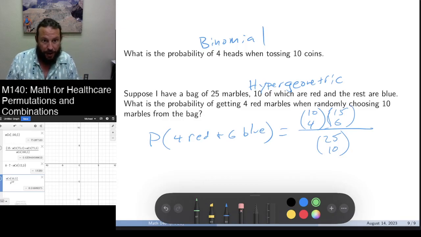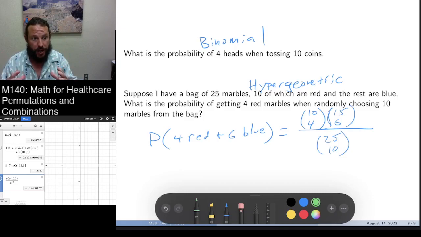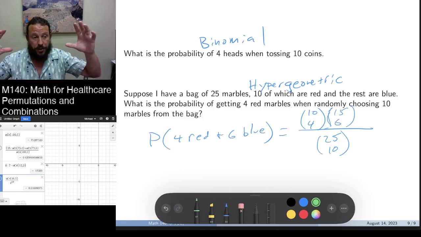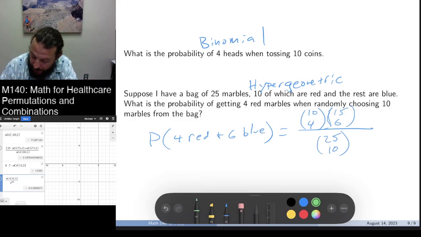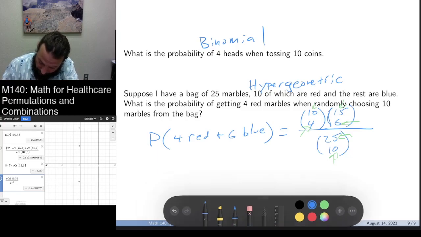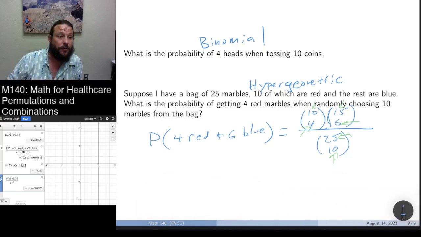If the whole bin is the denominator on the bottom, and the 2 separate bins are in the numerator, that means 10 plus 15 better equal 25. In other words, this number plus this number better equal this number in general. Similarly, since I'm choosing the same amount and just doing it differently, the 4 plus the 6 better equal the 10. Hopefully that makes sense. Let me know if you have questions on that.